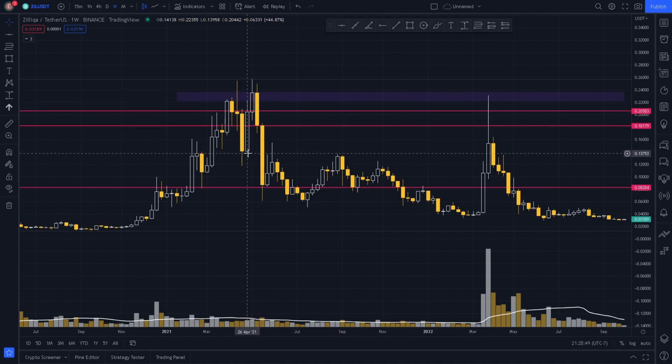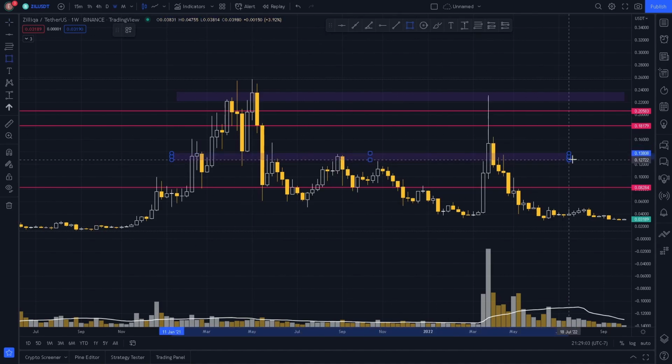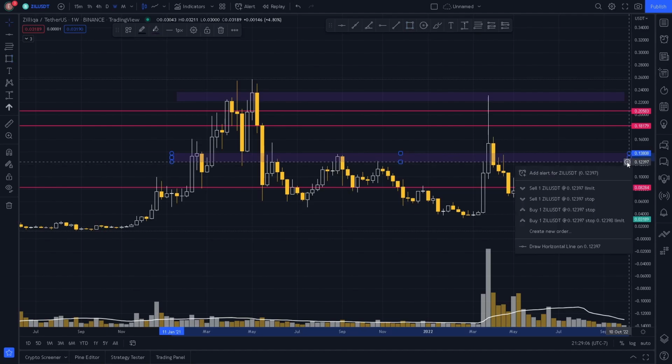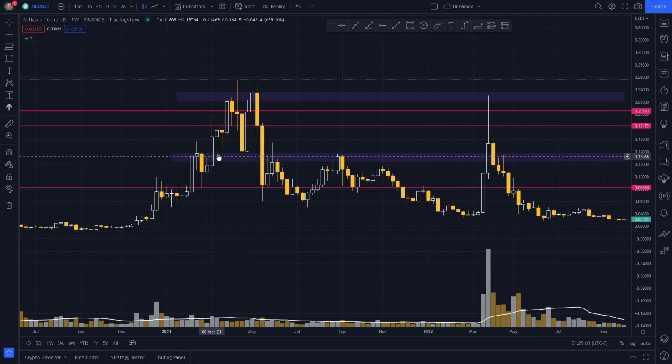So what else can we find? Well, right here we have a reaction, another reaction. So let's go ahead and plot this on our chart. Here we have a level where we see price get resisted from, resistance, broke through, came down, and held the level as support as shown by the long wick there.